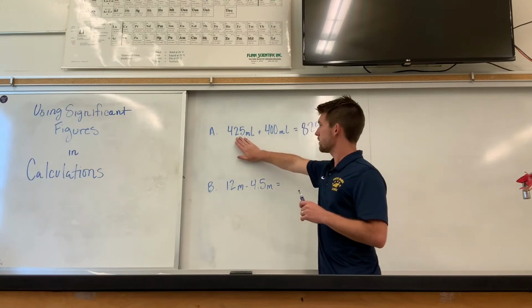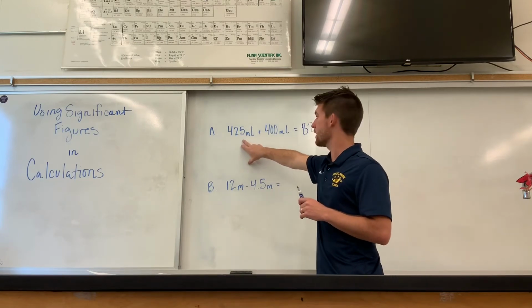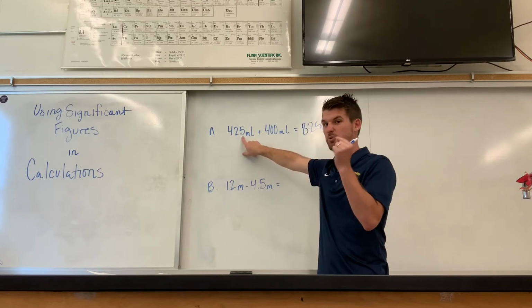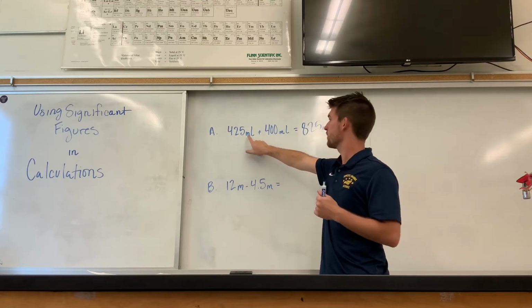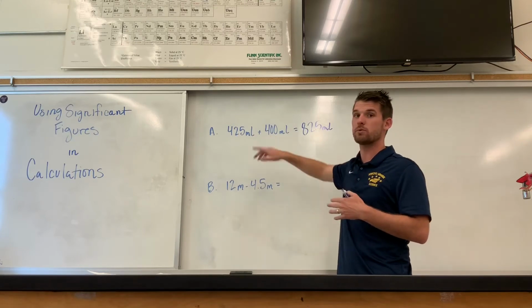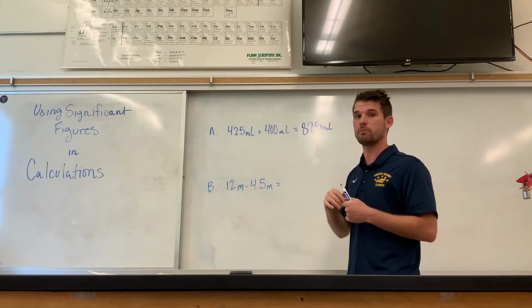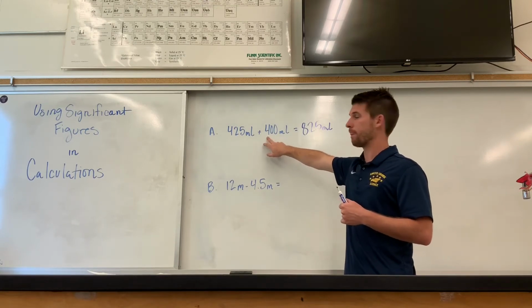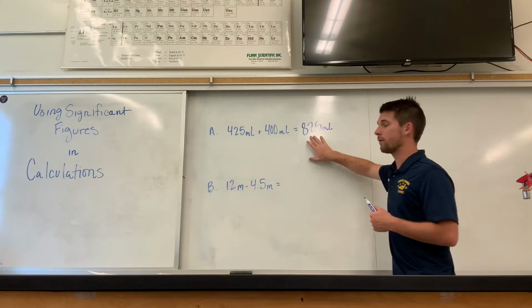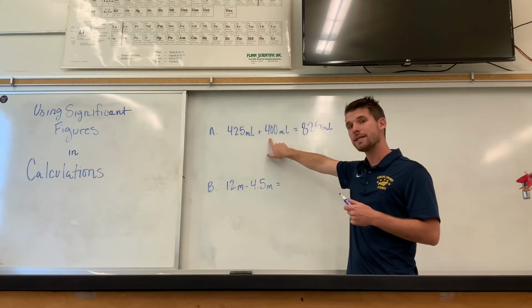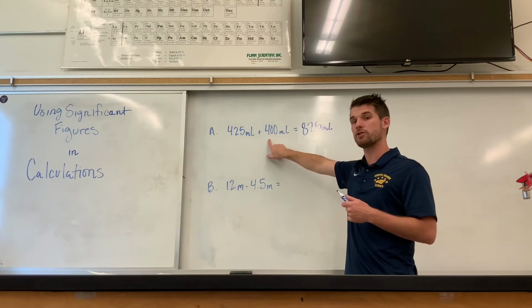So this measurement is precise to the ones place, right? This is the smallest digits place, the most precise measurement. But this measurement is only precise to the hundreds place, which is a much larger digits place, or much less precise measurement. So we're going to need to round our answer to match the digits place from our least precise measurement, which is this one.